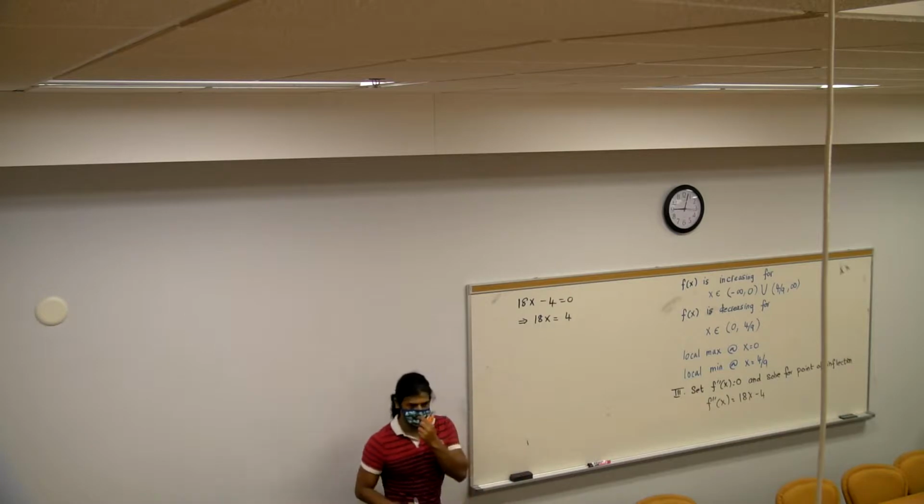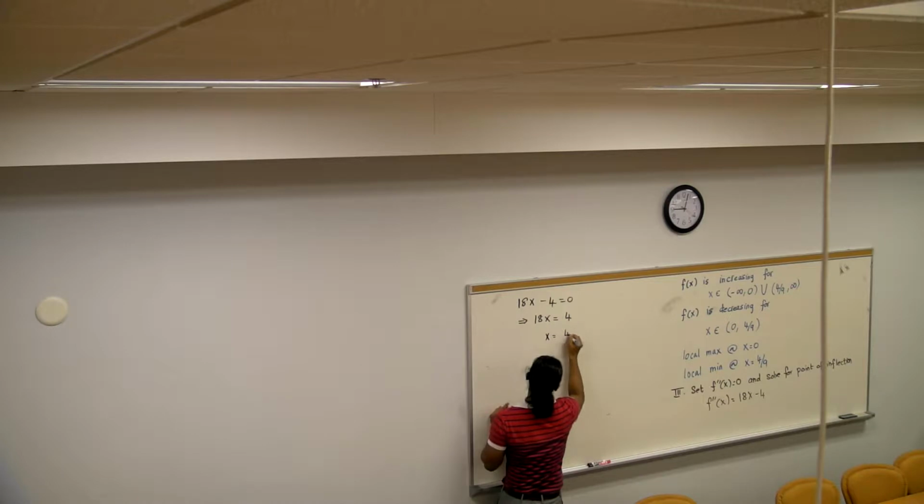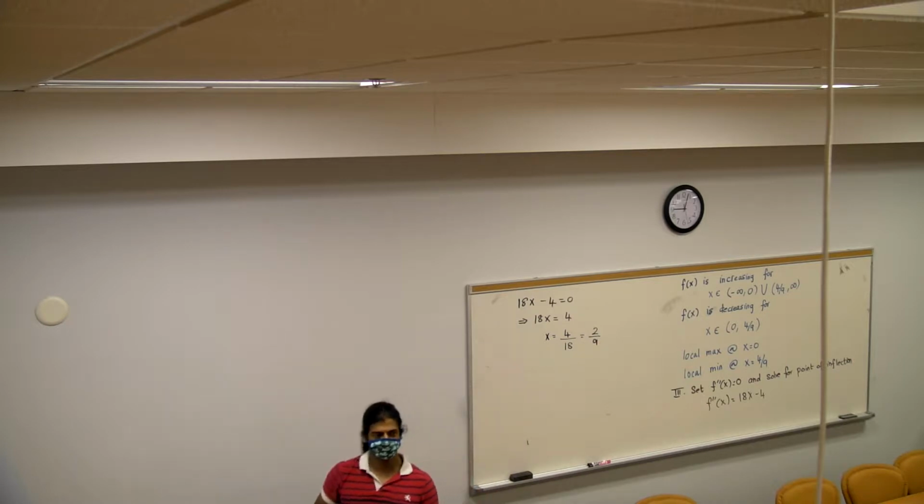Which would imply 18x is equal to 4. It's 2 over 9.